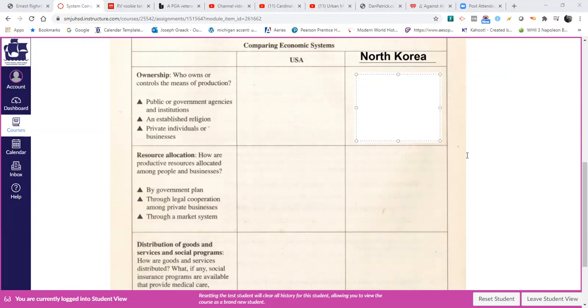So group 2, you're going to share with us, in North Korea, who owns or controls the means of production? The government. Yep, factors of production are owned by the government. In North Korea, group 2, how are productive resources allocated among the people?